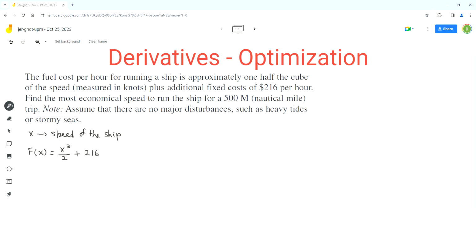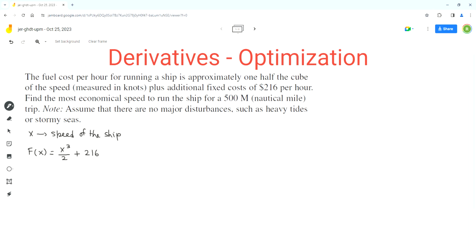Now in order to find the most economical speed, we have to find the speed at which the total cost is lowest. So for that, we'll have to find the cost for the ship to undertake a 500 nautical mile trip.